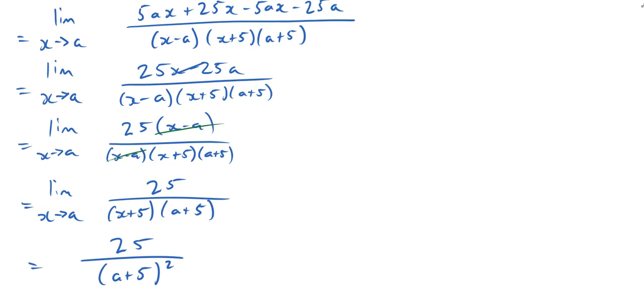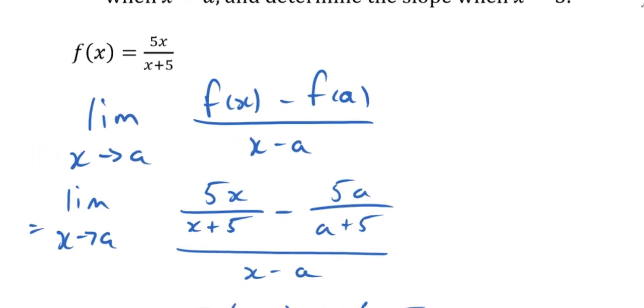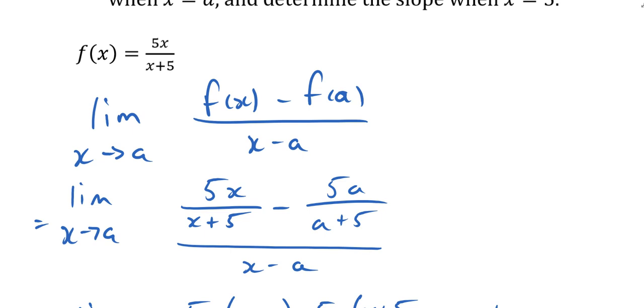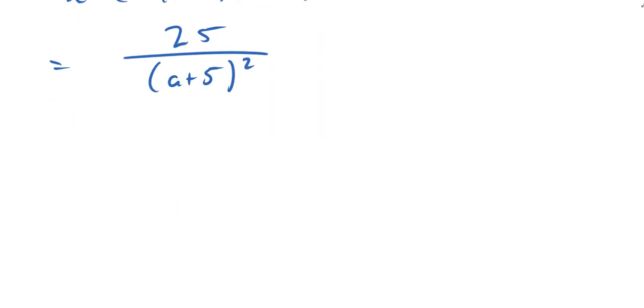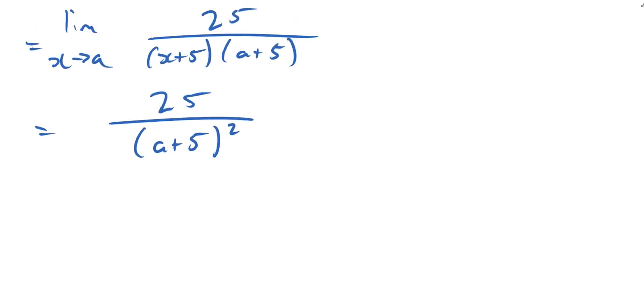Just looking at the original function, if I use the quotient rule, derivative of the top times the bottom minus derivative of the bottom times the top all over the bottom squared. You got that bottom squared part. As long as the top part works out to 25, it's the same thing, right? But I see the bottom squared there. So kind of fits, kind of makes sense.